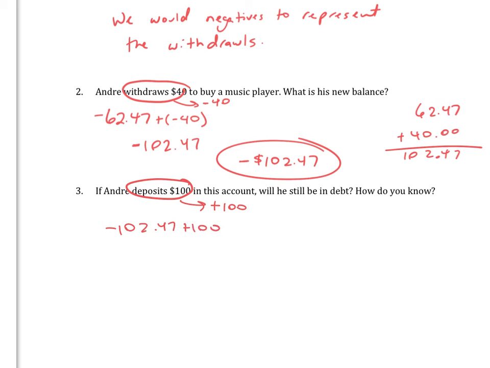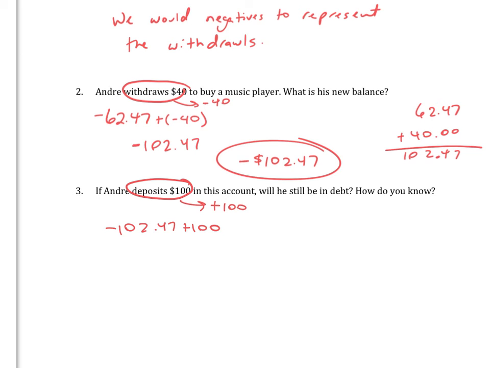So if I add 100, will I end up in the positive area? Looking at this, I won't. I don't have enough positives to get over to the positive section of the number line. There are more negatives than positives in this case.